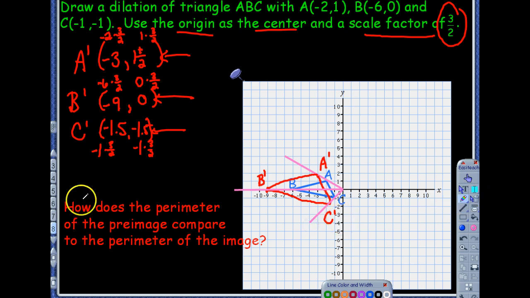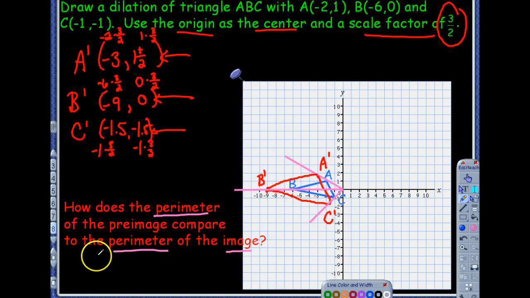Okay. Next question says, how does the perimeter of the pre-image compare to the perimeter of the image? This is going back to if they are similar, which we know they are. If I compare the perimeter ratio of similar figures, it's going to be the same thing as a scale factor.